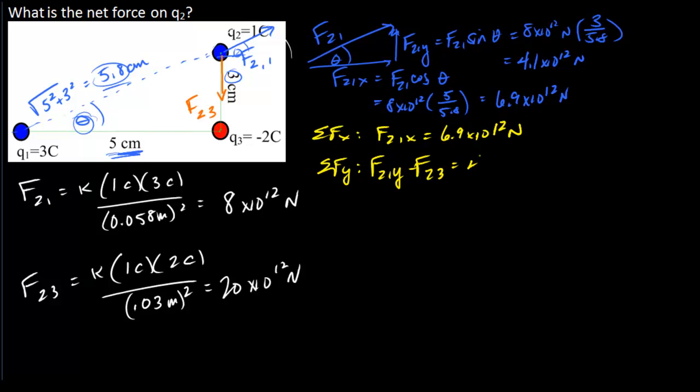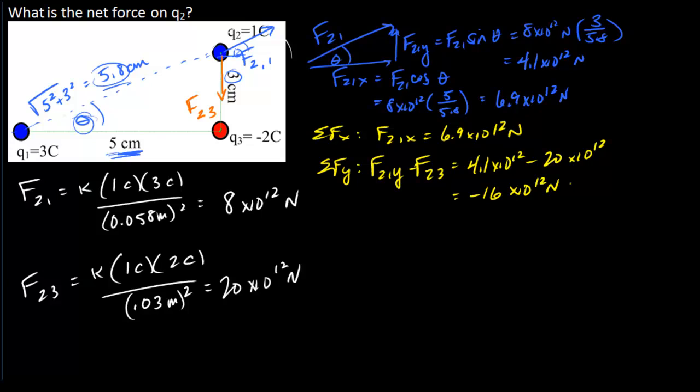So that's going to be 4.1 times 10 to the 12th minus 20 times 10 to the 12th, which gives us about negative 1.6 times 10 to the 13th, or actually let's write it as times 10 to the 12th to be consistent, so negative 16 times 10 to the 12 newtons.